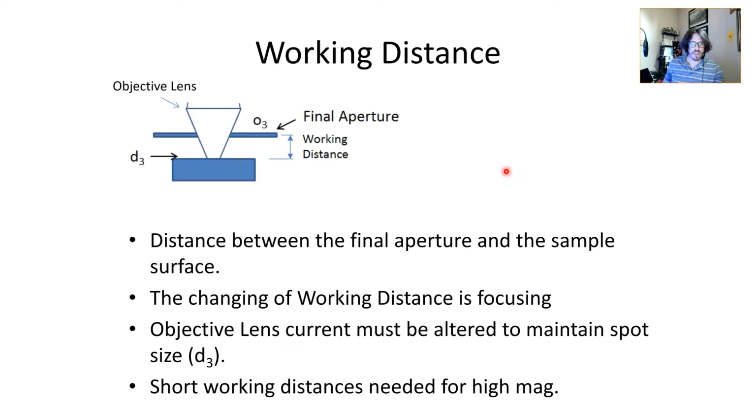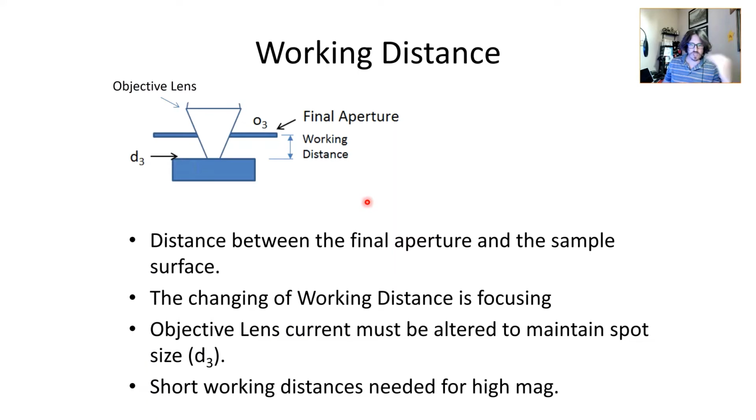One thing I meant to probably put in that last lecture, so I'm going to squeeze it in here, is the terminology of working distance. We've talked about working distance before when we talked about optical cameras. The working distance is, by definition, the distance between your final aperture and the specimen, so the height of the top of your specimen.